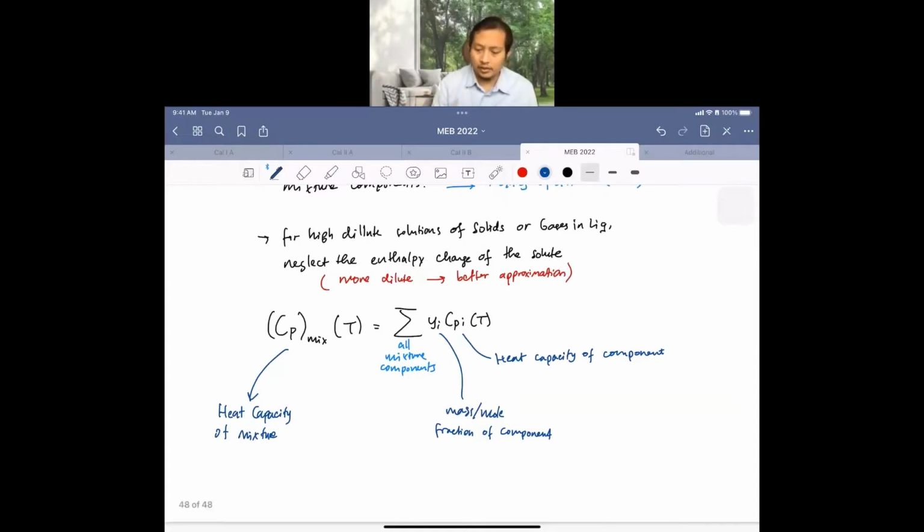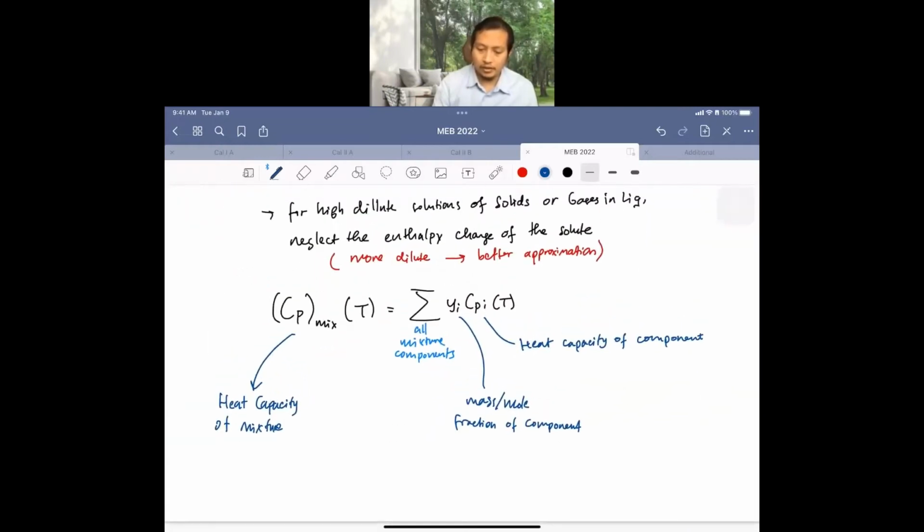Okay, and then if we get the Cp of the mixture, then we could just directly go to the specific enthalpy change from T1 to T2, and then this is the integral of Cp mixture dT.